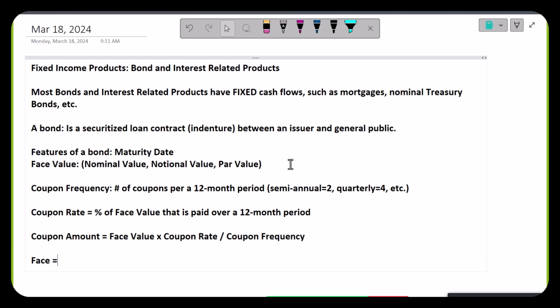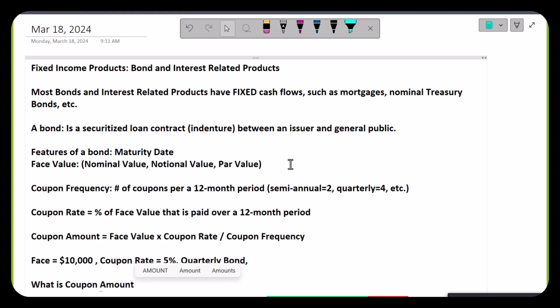So if I say I have a face value of $10,000, and I'm using 10,000 only for convenience purposes, what is the coupon amount? It's going to tell me?